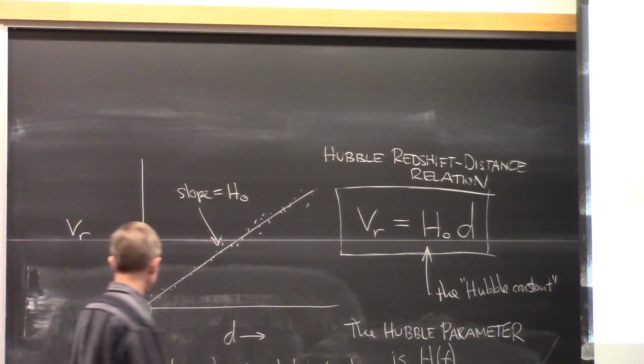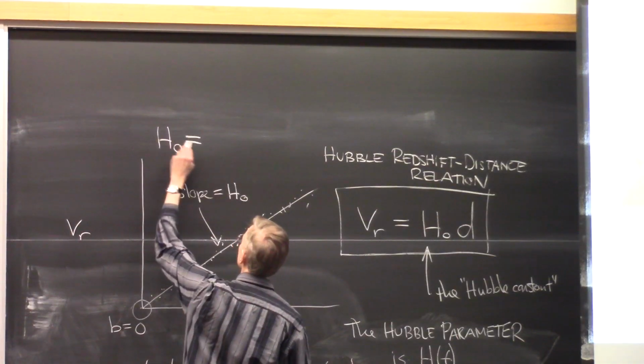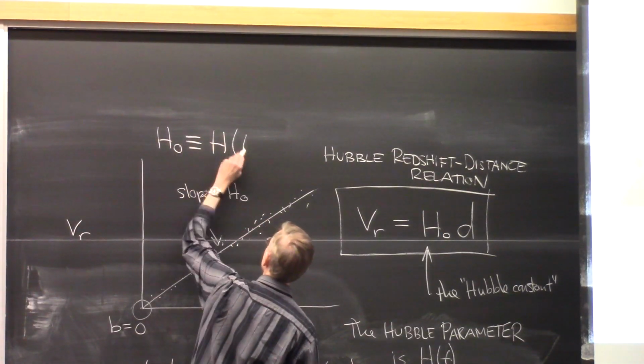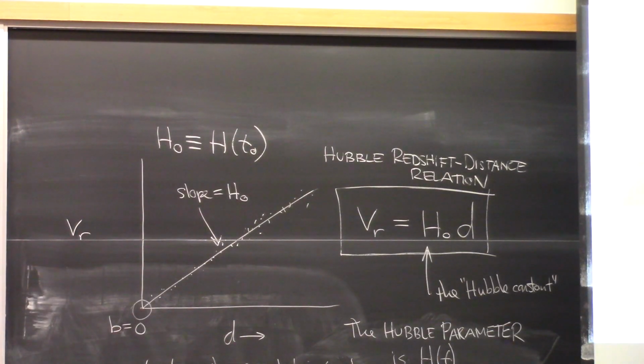And so what we're saying then is that H naught, by definition, is H evaluated at time t naught. It's H now, which is the present value of H. So H naught is constant in space. It has the same value, essentially, with only very local variations, everywhere in the universe at a given time.